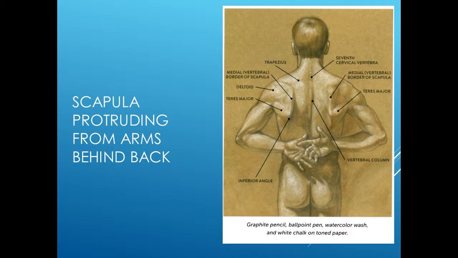Go ahead and try that now: put one or both of your arms behind your back, and if you're flexible enough, you can actually feel your scapula sticking out of the back. It gives you a better feel of what that is and where it's located.